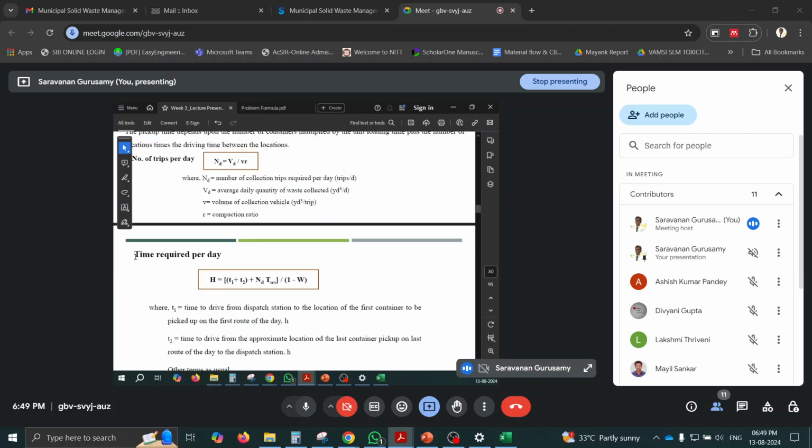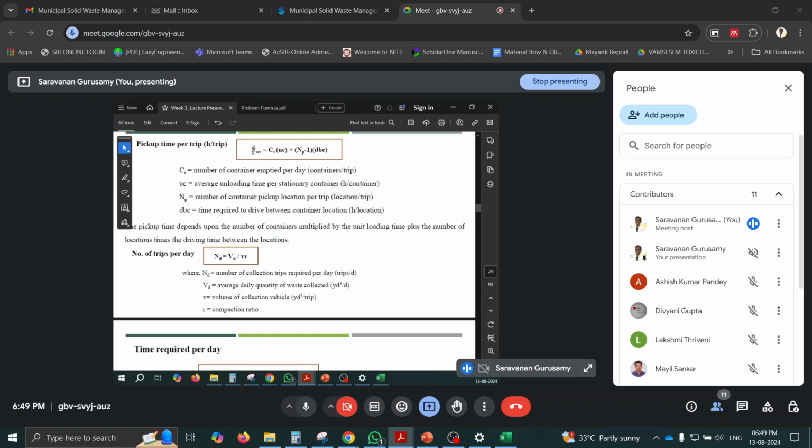Then time required per day, as I mentioned, it is for a whole day. So this is again the same formula. We have just replaced it with T1 plus T2 plus how many locations we have addressed or how many trips we have addressed into the time required per trip.